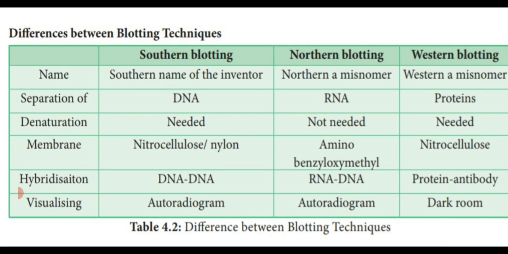Then it is placed in the radioactivity labeled probe for the hybridization process and gently rotated. The probe finds the complementary DNA fragments on the membrane. Based upon the size of the DNA molecules, the radioactive probe-bound DNA fragments are identified by a process known as autoradiography.